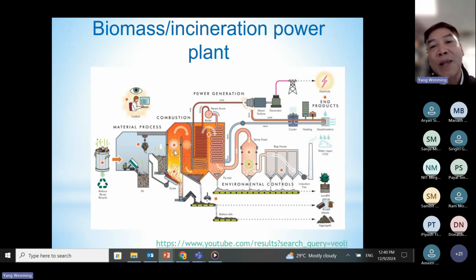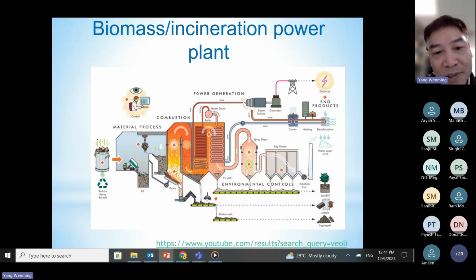So here we show you the schematic. The major components are quite simple. First, the rubbish will be collected and then delivered from here to the furnace. This one is a furnace, and this one is a grate.